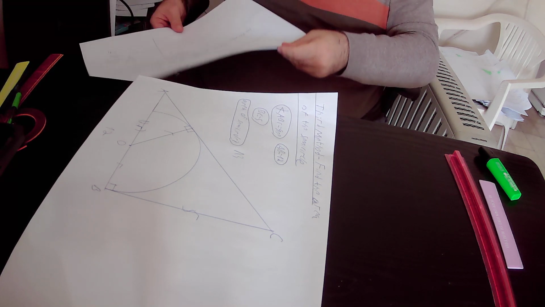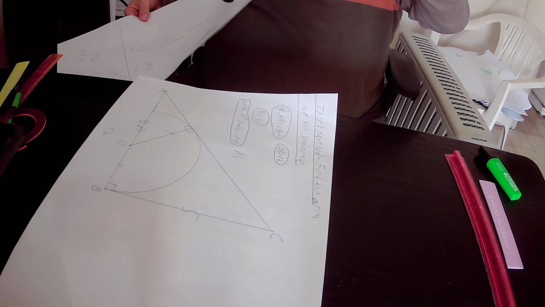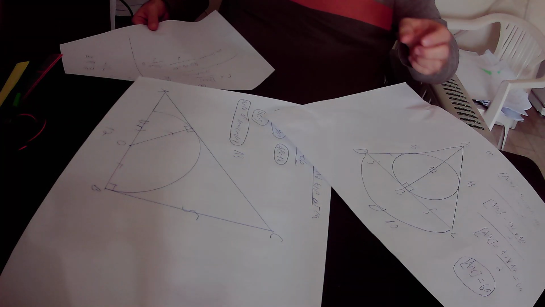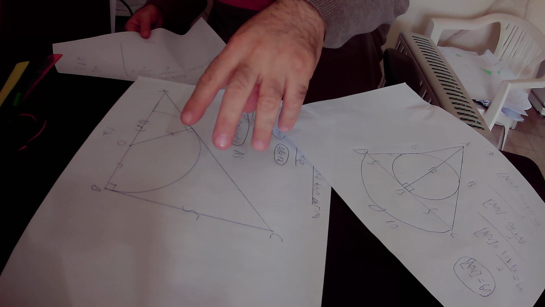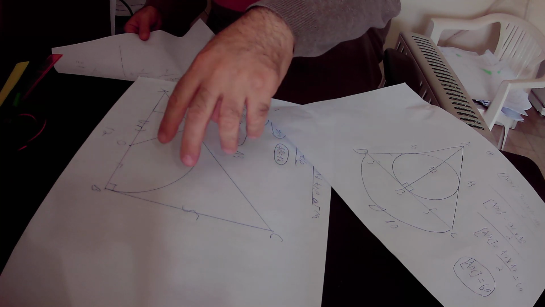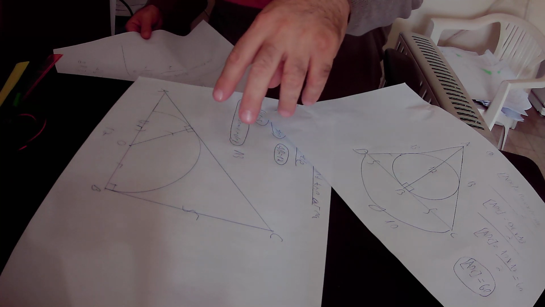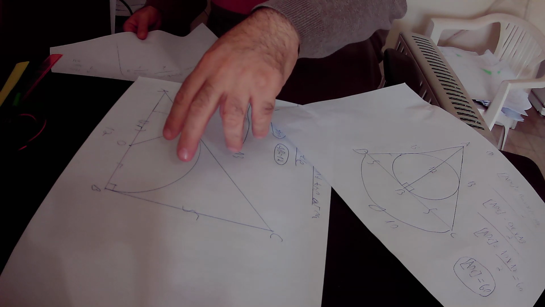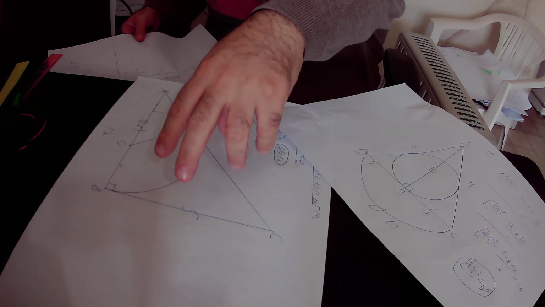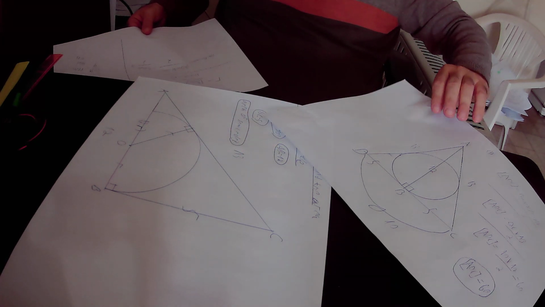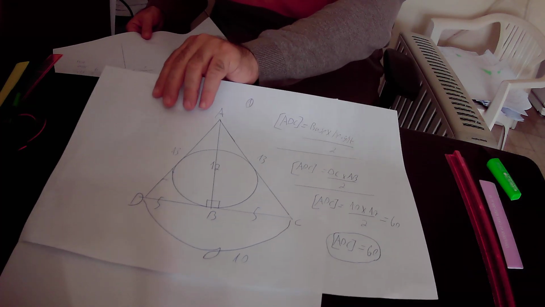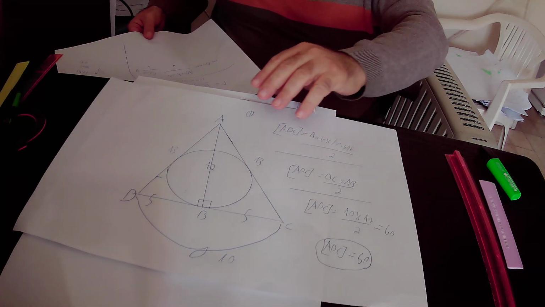Again, I drew the mirror image of this figure and combined it with the figure, and we got a circle inscribed in a triangle.